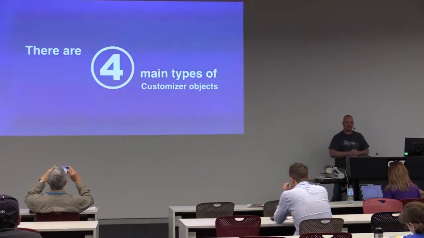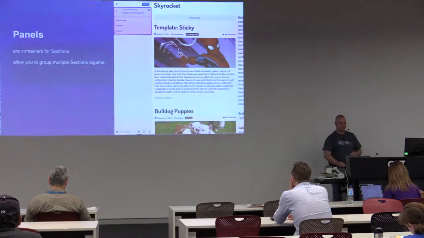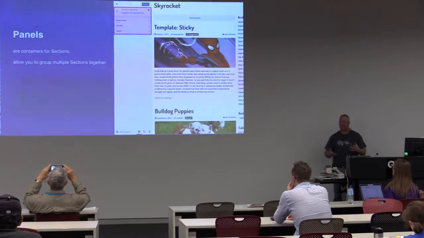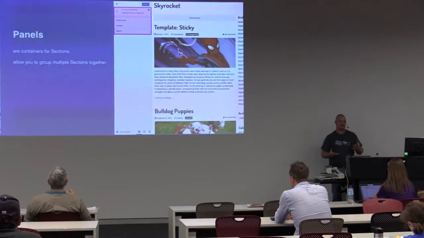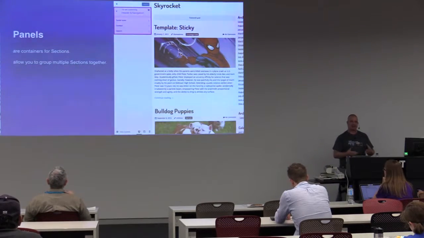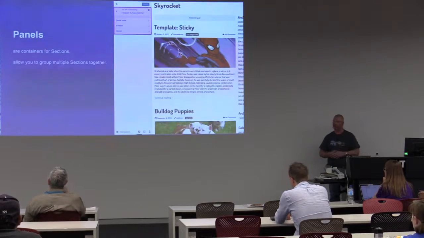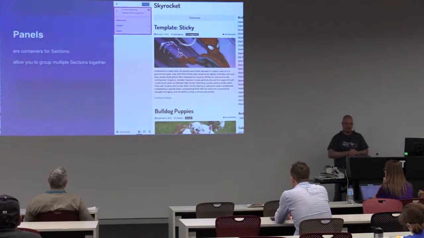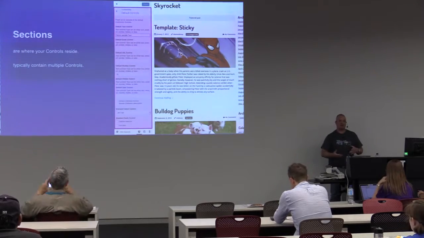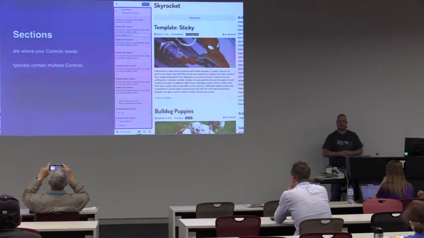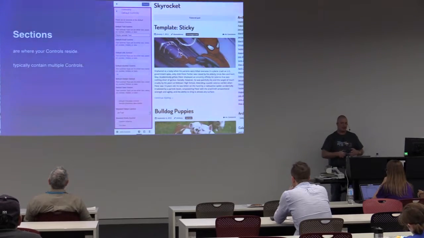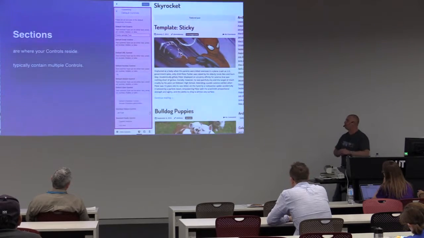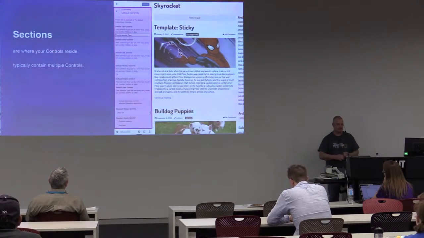There are basically four main types of customizer objects. The first one is panels. Panels are the containers for sections. They allow you to group multiple sections together. Sections are the area where your controls actually reside, and typically contain multiple controls, such as checkboxes, drop-down lists, text areas and things like that.